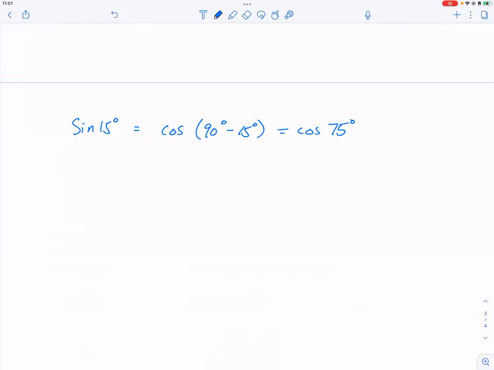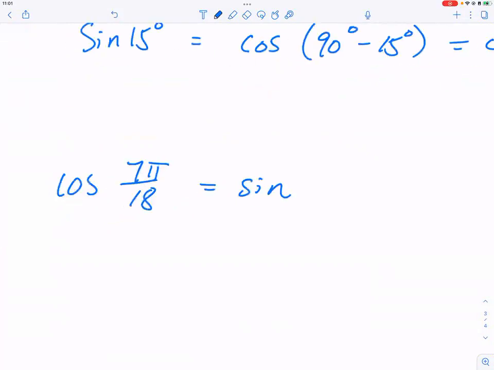Cosine of 7 pi over 18 is the same thing as sine of what?